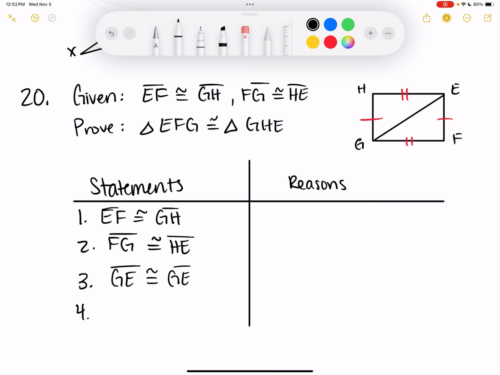And 4, triangle EFG is congruent to triangle GHE. I'll give you a second to write all that down and then we'll fill it in.